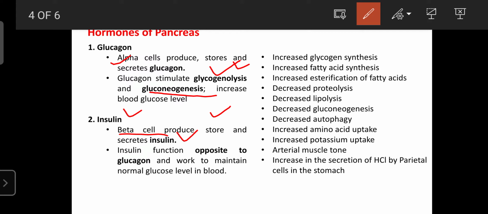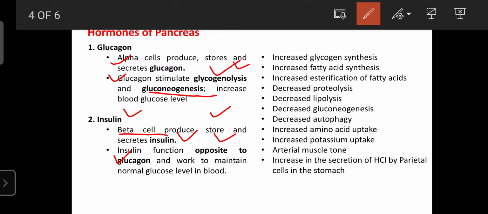When the blood sugar level increases, it can alter the membrane potential. Due to alteration in the membrane potential, the beta cells are involved in the secretion of the insulin into our blood. This released insulin has a completely opposite function to the glucagon. It helps to decrease the blood sugar level, and it also opposes the actions of the glucagon.